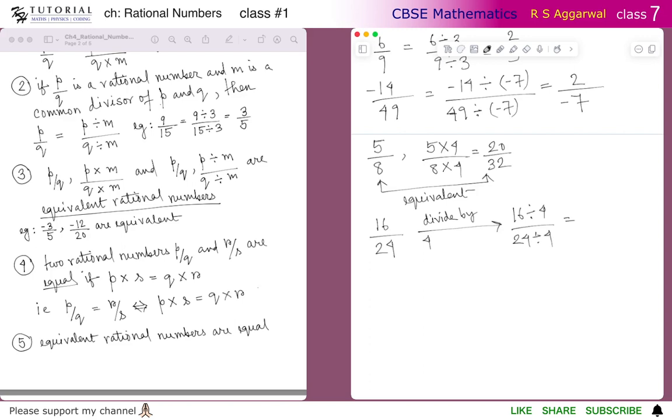This is 4 by 6. So these two rational numbers are equivalent.